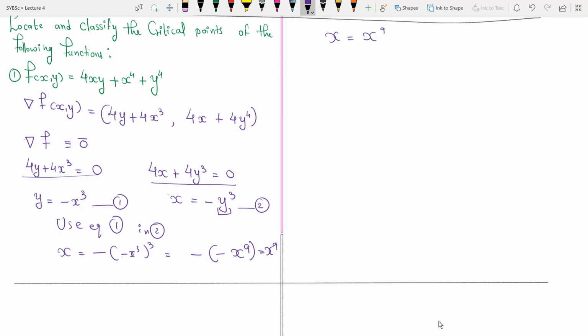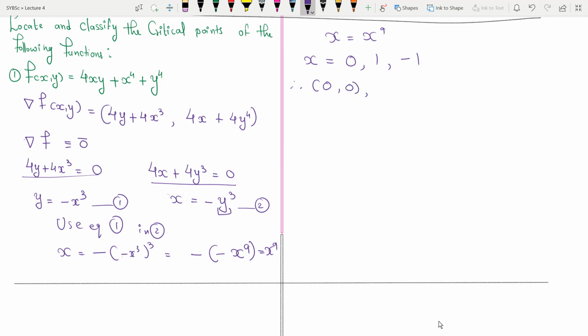So I need to think about all those points which satisfy this equation. Definitely x equal to 0 will satisfy this, x equal to 1 also can satisfy this, and x equal to minus 1 can also satisfy this. So I got 3 values of x, and correspondingly I can find the value of y from equation 1. When x is 0, by equation 1 y is also 0.